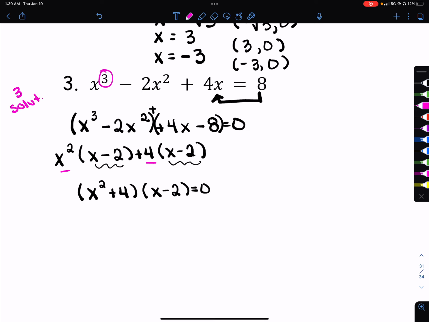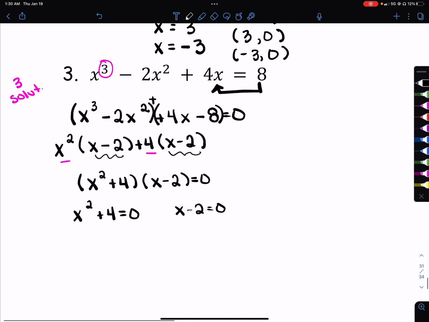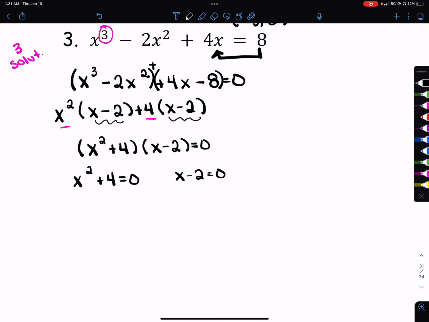Okay? So using the zero product property, I have x squared plus 4 equals 0, and I have x minus 2 equals 0. Okay, so on this first one, I have x squared equals negative 4. Take the square root of both sides. Now, we cannot have a negative under the radical.